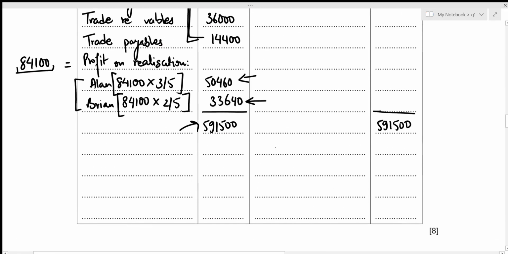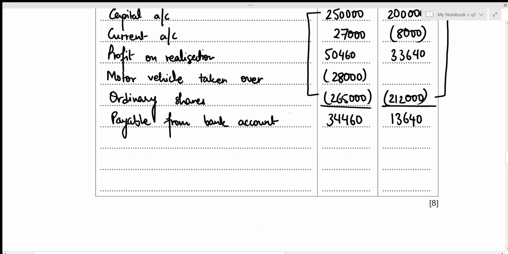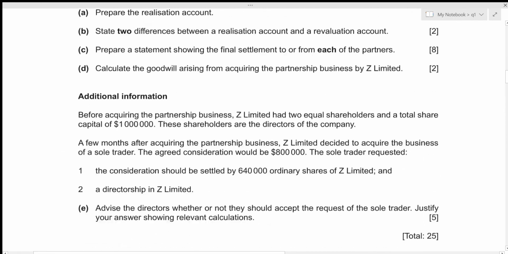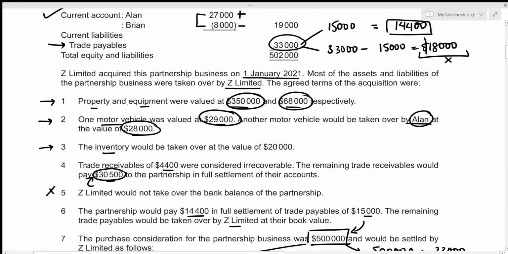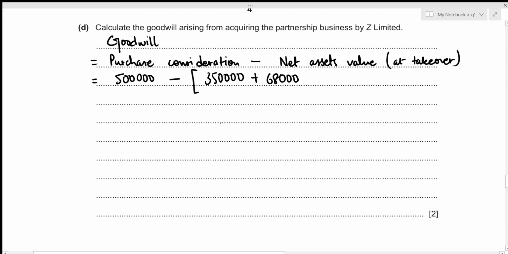Let's write it down. 350,000 plus 68,000. All right, then we have one motor vehicle taken over by Z Limited, which amounted to 29,000. Again, this is an asset, so that's a positive. Let's write it down. So that's plus 29,000.